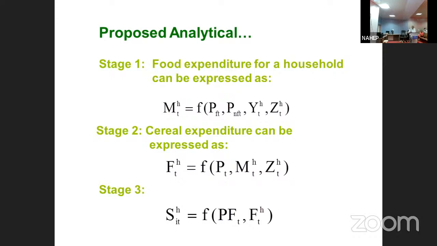So first we work out the elasticity of consumption of rice with respect to expenditure on cereal. Here we work out the elasticity of cereal with respect to cereal price. Here we estimated the elasticity of food with respect to total expenditure.